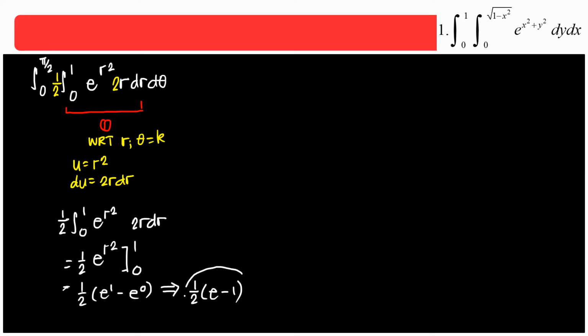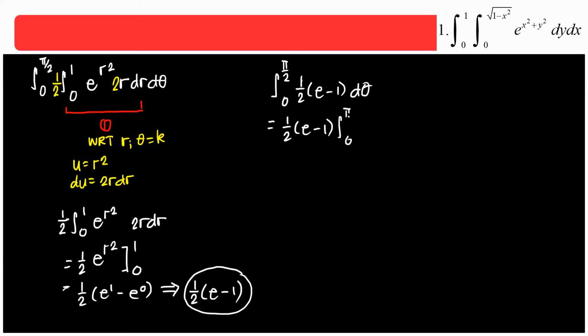This is the preliminary answer. That's the first one. We have to integrate that from 0 up to pi over 2 of 1/2 (e minus 1) d theta. So that means all of these are constants, right? I can bring out the whole constant, 1/2 quantity (e minus 1), from 0 to pi over 2 of d theta.